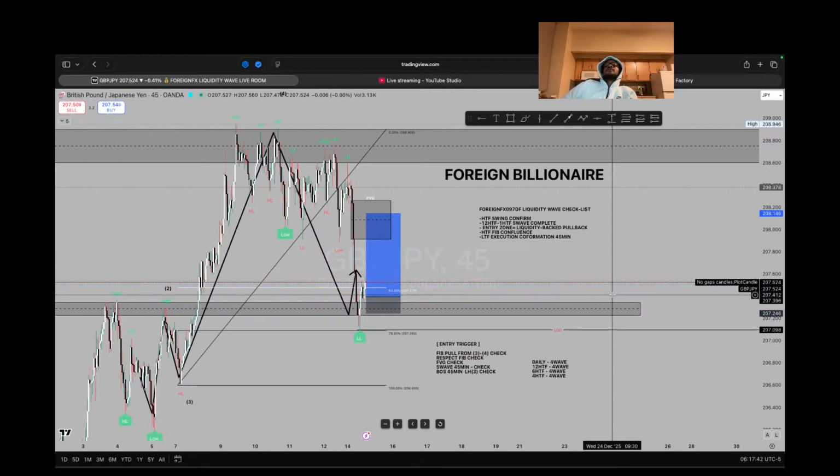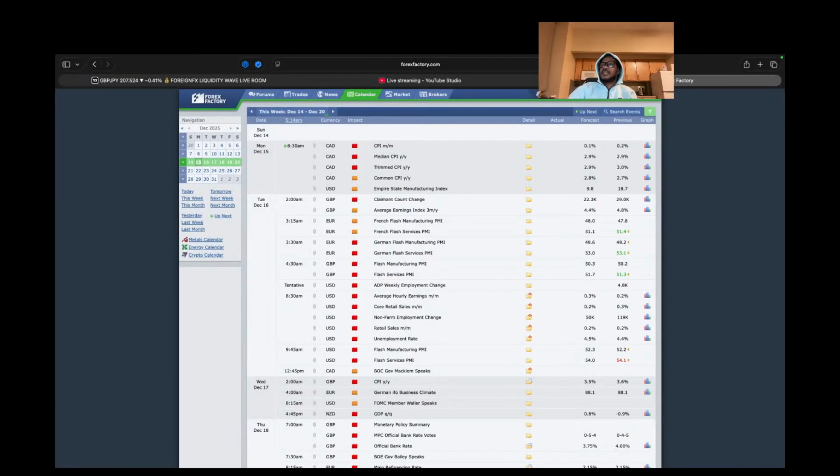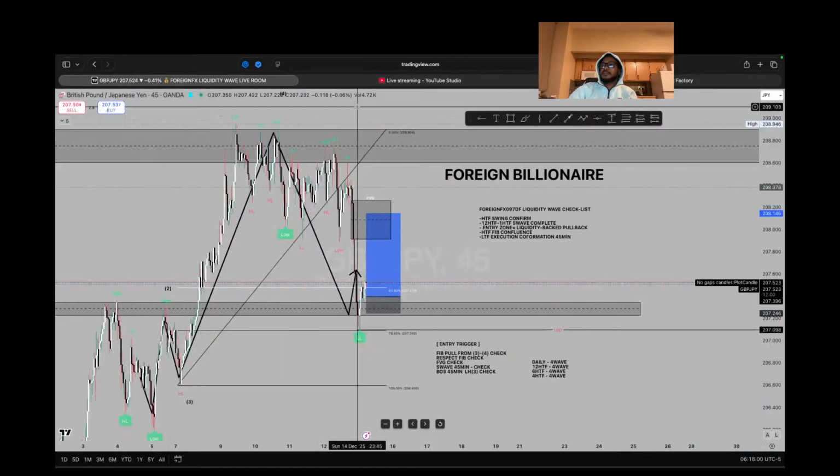I mean, there's no volume in the market right now. Let's look again. At 8:30, news is coming out for Canada, and news is coming out for the US as well.